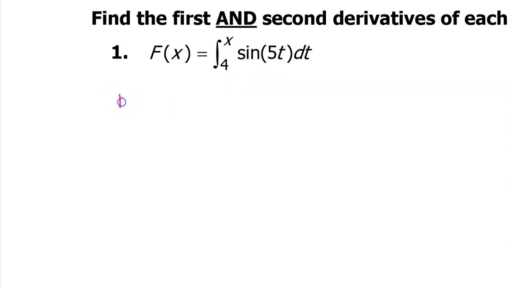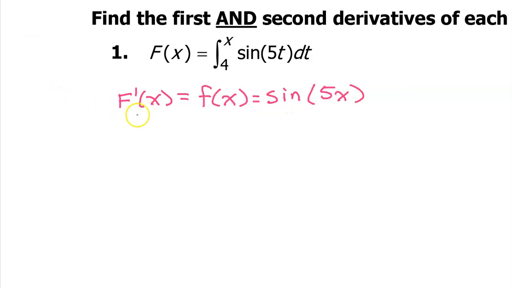According to the second fundamental theorem of calculus, common case, if we take the derivative of an integral defined function, the integral goes away and we are left with the function that's on the inside, but the placeholder variable becomes the real variable. So F prime of x, capital F prime of x, should equal sine of 5x.